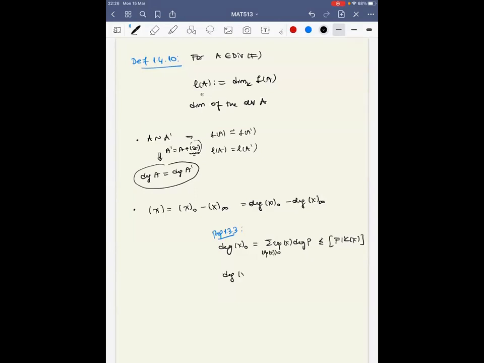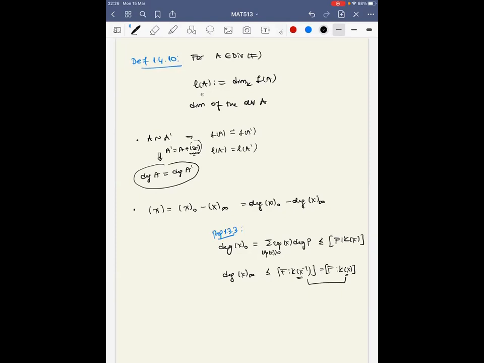And similarly, we have also proved that the degree of the pole divisor is bounded above by the same extension degree, because these two rational function fields are isomorphic as fields.